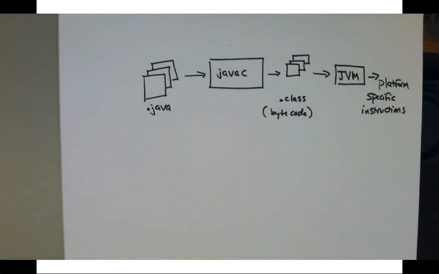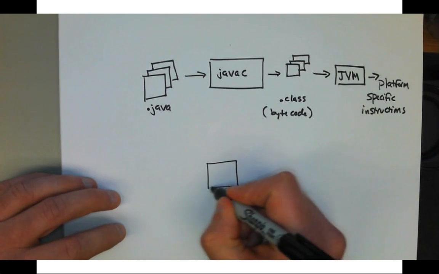It turns out the JVM is a program that gets executed by your operating system, just like any other program. So when you run a Java program, the first thing that happens is your JVM is invoked, and then your bytecode is loaded into memory, and then the JVM starts to interpret that bytecode.